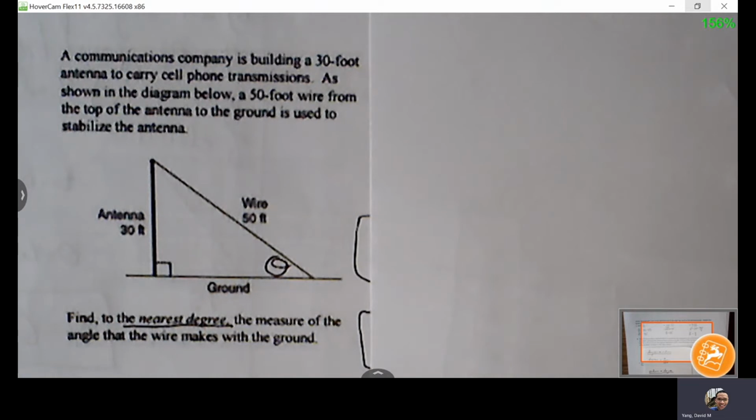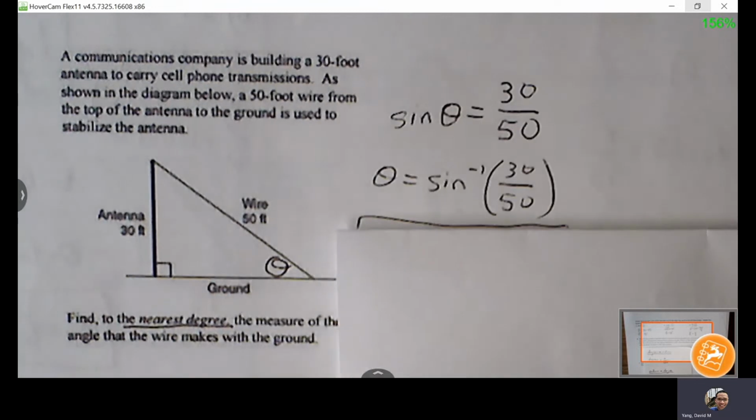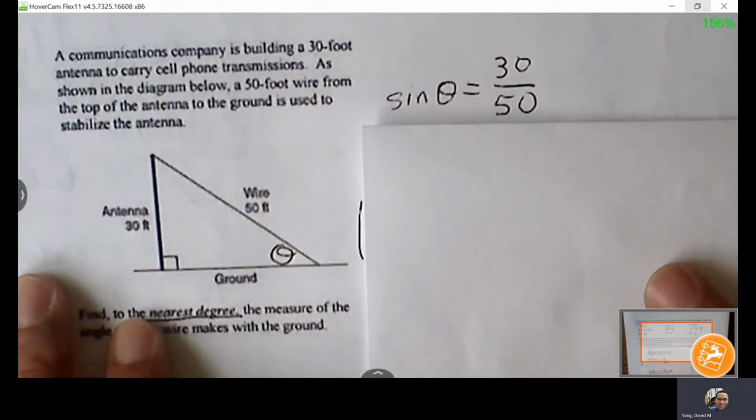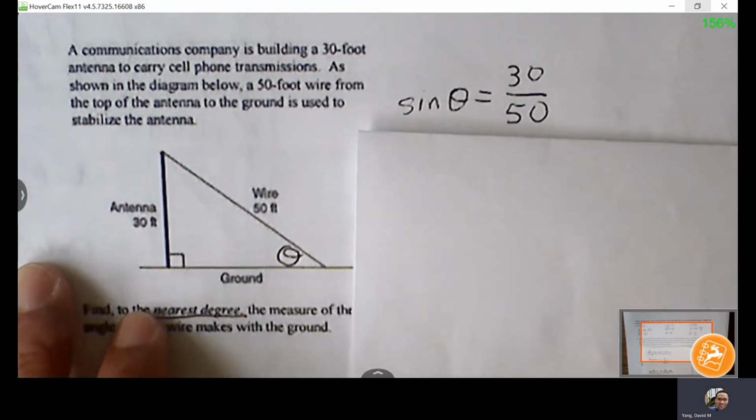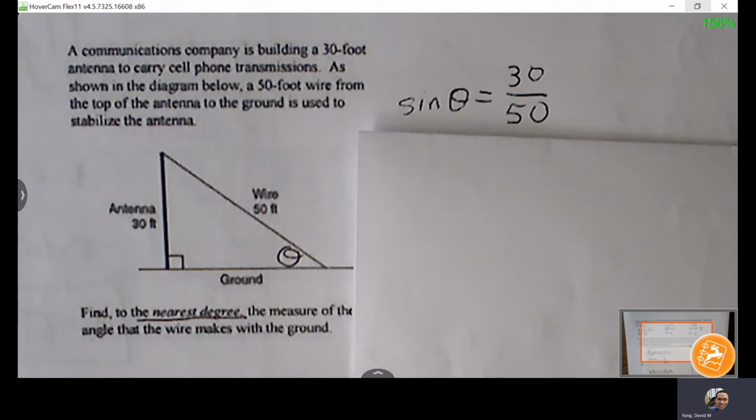Okay, and then inverse. It is sine. It's the inverse of sine.